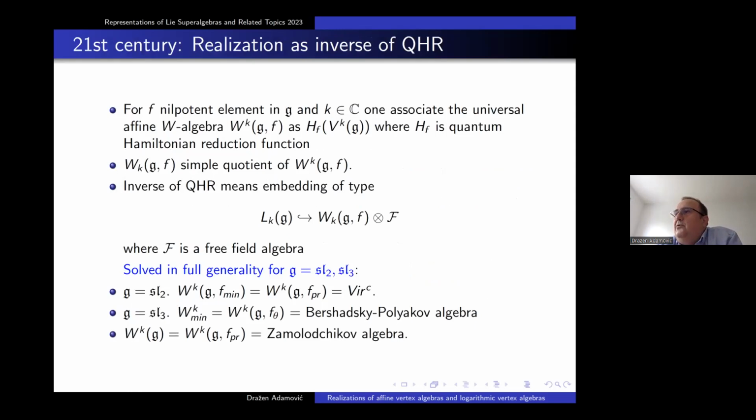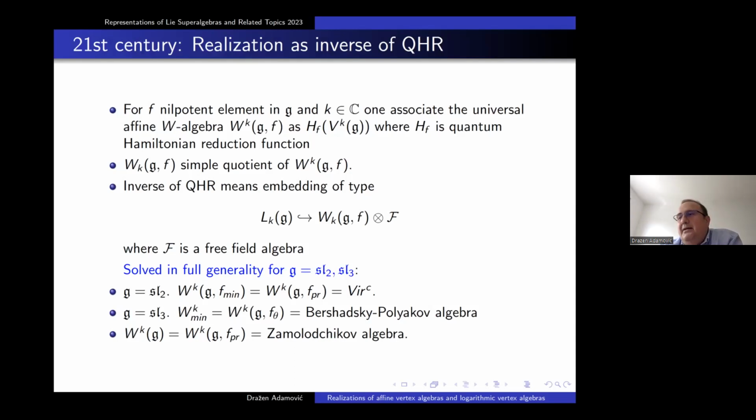But then we came to the new century. We all live between two centuries, essentially, and have knowledge about both. So some new mathematics came. And this new mathematics is this famous quantum Hamiltonian reduction.